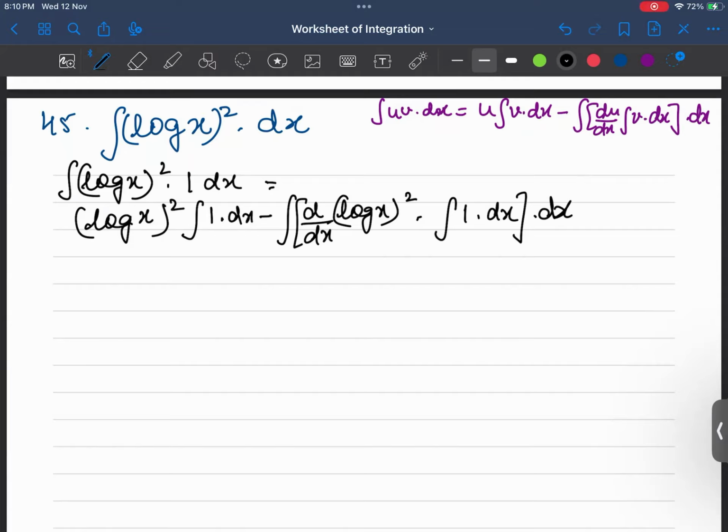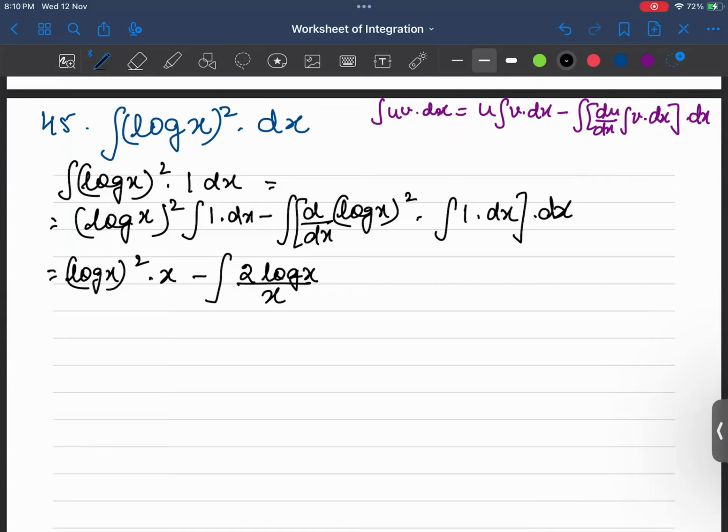Now it would be log x whole square times the integration of 1, which is x, minus, when we differentiate, it would be 2 log x upon x.